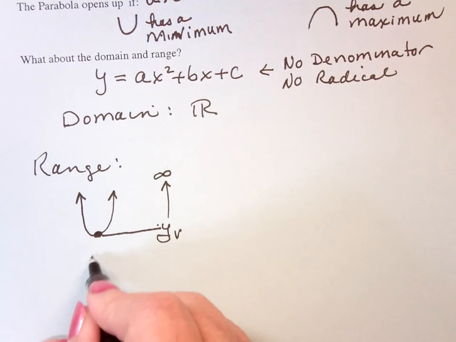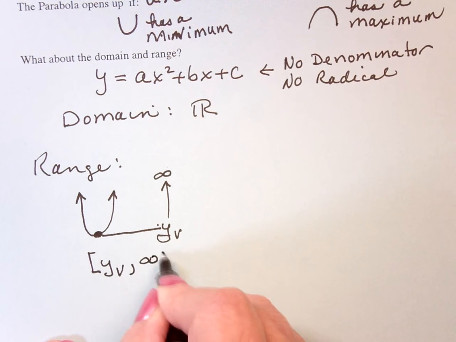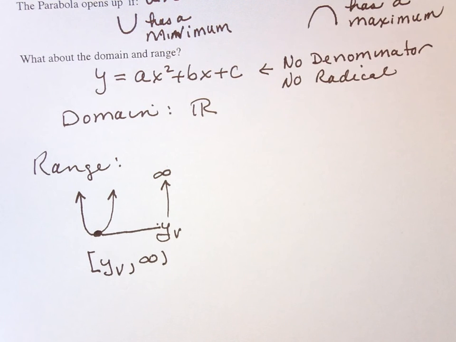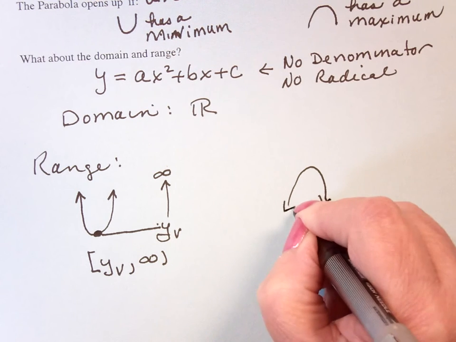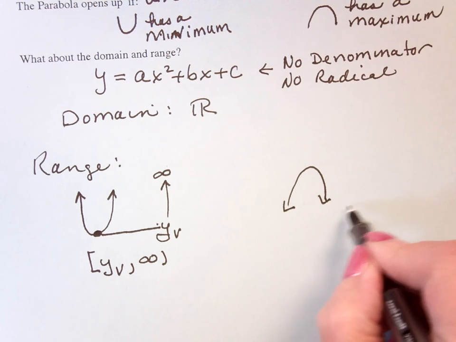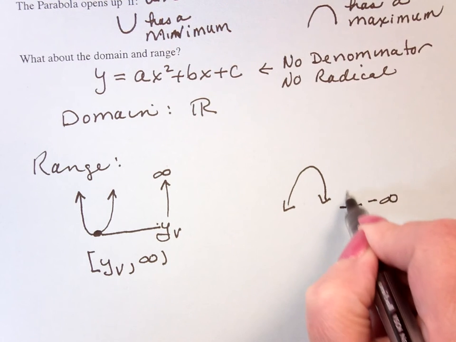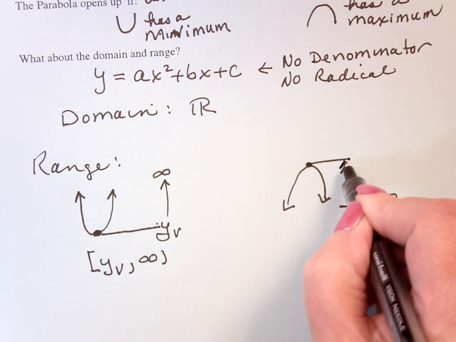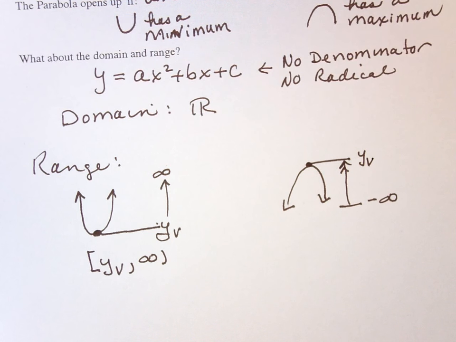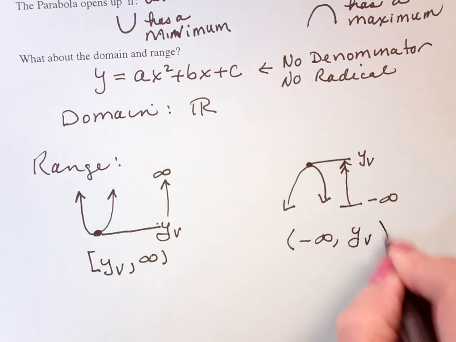So the range would be the y coordinate of the vertex to infinity. And then if it opens down, then you're going to start at minus infinity, and then it's going to go, there's the vertex right there, to the y coordinate of the vertex. So it's going to be minus infinity to the y coordinate of the vertex.